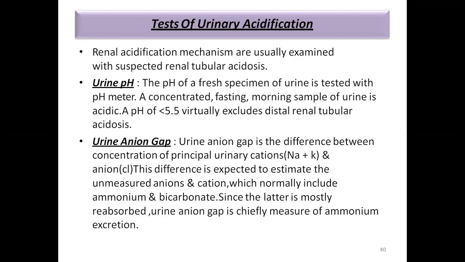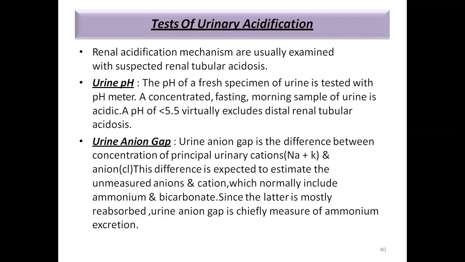We need to measure the urine pH. The pH of a fresh specimen of urine is tested with a pH meter. A concentrated fasting morning sample of urine is acidic. A pH of less than 5.5 virtually excludes distal renal tubular acidosis.